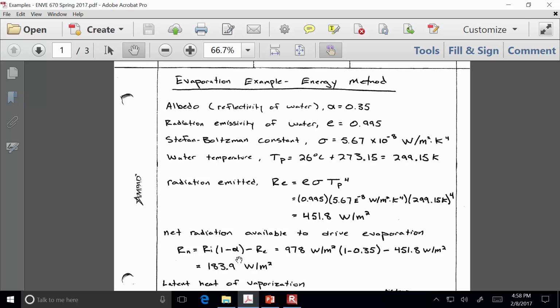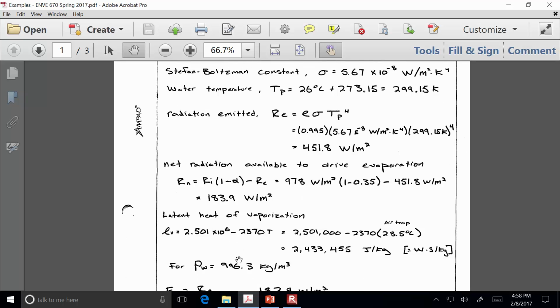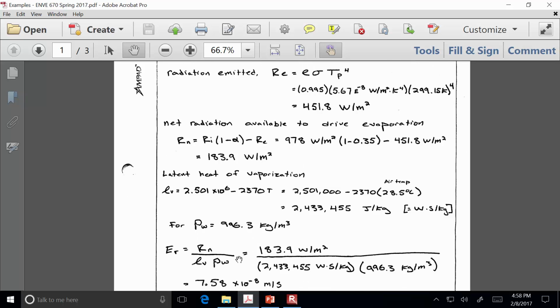Now, for the latent heat of vaporization, I just noticed a mistake in my calculations in the notes. I actually based it on the air temperature, and I noticed that right after I told you it needs to be based on the water temperature, because what we're trying to vaporize is the liquid. How much energy is required to vaporize that liquid depends on the temperature of the liquid.